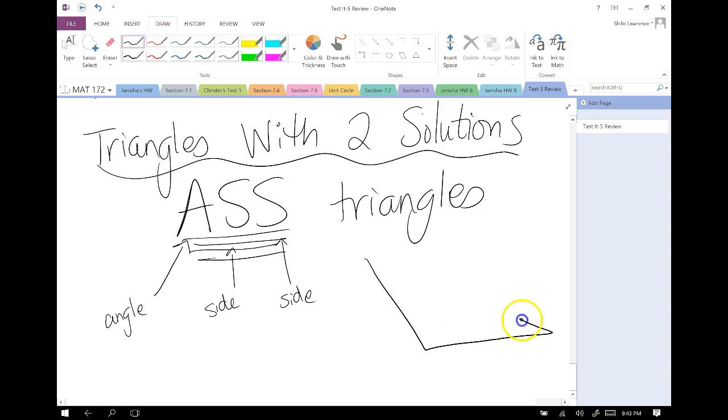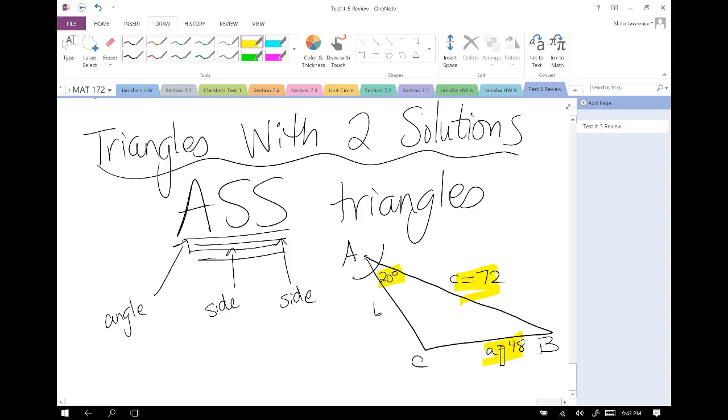So in this triangle, if I gave you angle A is 20 degrees, side C is 72, and then side A is 48. I gave you angle, side, side.